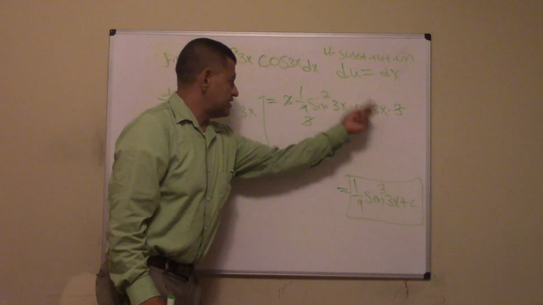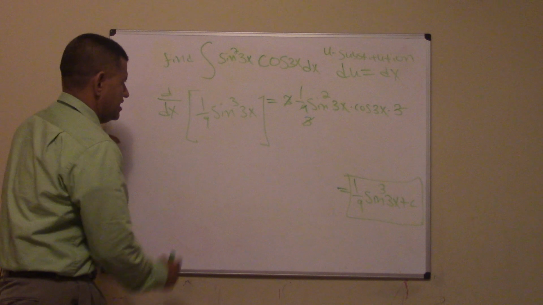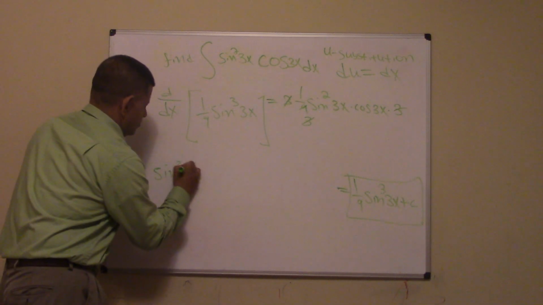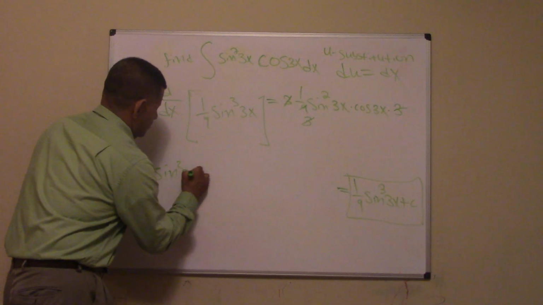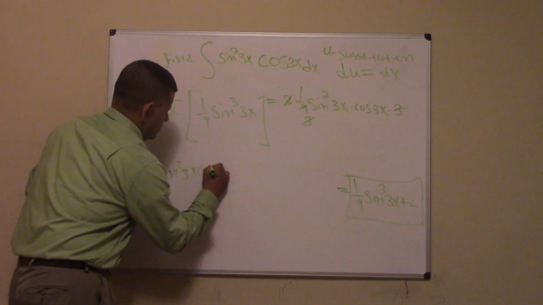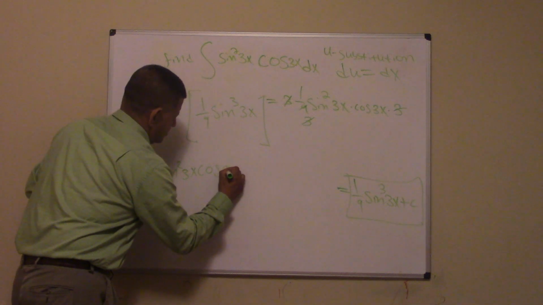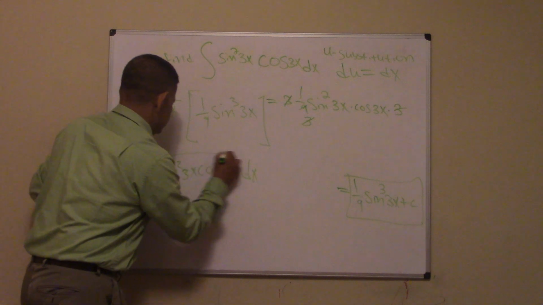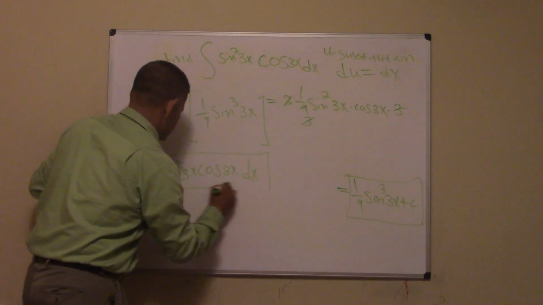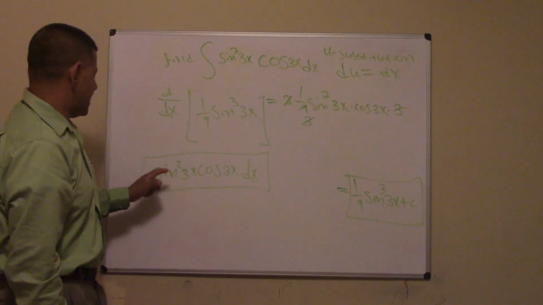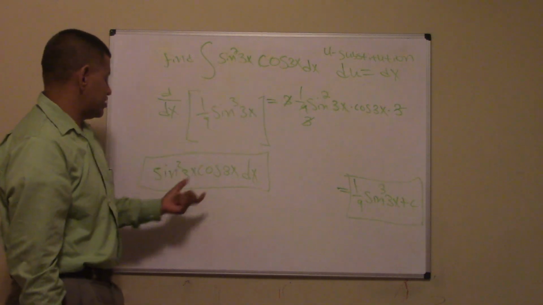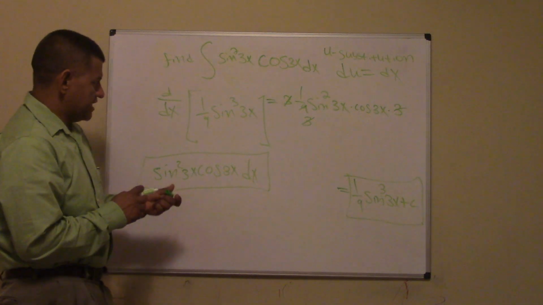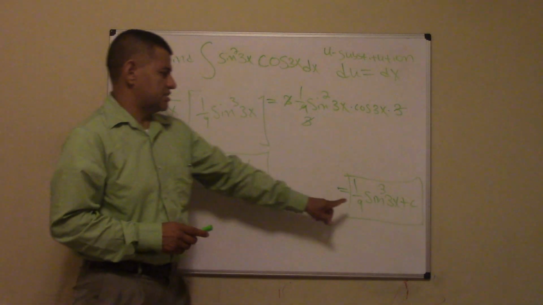So if I rewrite this expression, I get sine squared 3x cosine 3x dx. Okay, so we got the same thing. We got the original function that we started with. So that's how you prove that this integral is correct.